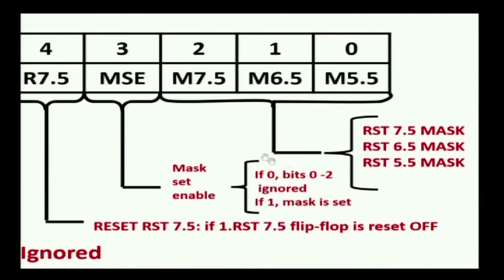If it is 1, we can set or reset the interrupts RST 5.5, 6.5 and 7.5. If the D3 bit is 0, it ignores the remaining 3 bit positions, that is, we couldn't do any work. So, to enable or disable the interrupts, the MSE bit should be 1, and then only can we mask or unmask the required interrupts.